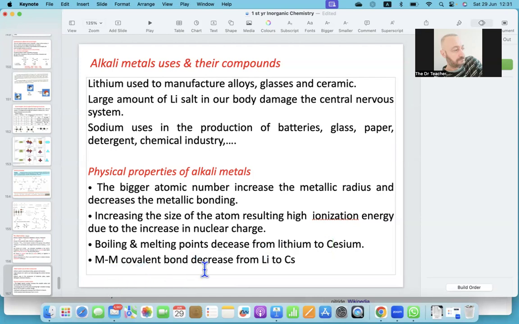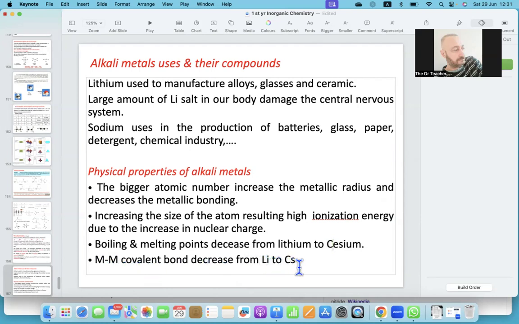Metal-metal covalent bond decreases from lithium to cesium. If we have the pure alkali metals, the bond between metals is covalent, sharing. So this sharing bond, sharing electrons, decreases from lithium to cesium.